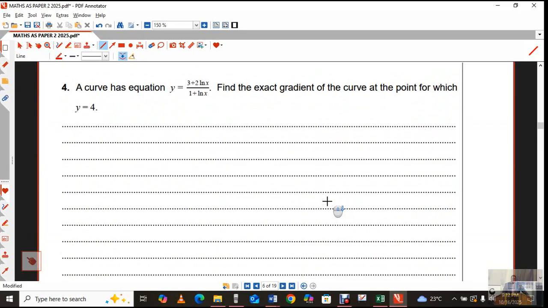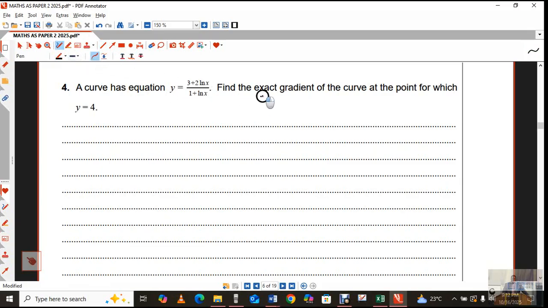Right, now question 4, and I'm trying to not rush through them, but it is a long question paper. It takes you about 2 hours to complete when you write it in the exam. They say a curve has an equation of y equals 3 plus 2 natural log of x upon 1 plus the natural log of x.